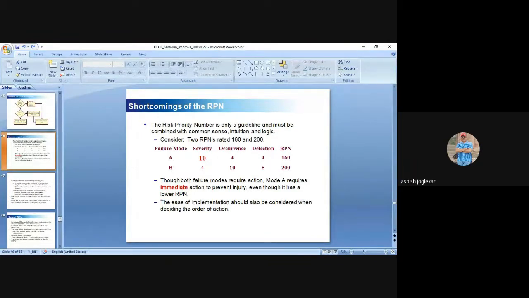Because if the severity is too high, then a single failure is going to cause very much loss to the business. So you have to also consider the severity while doing the FMEA calculations. Generally, when we do the FMEA, we have got 25 causes. We add the failure mode, severity, occurrence, detection, and the RPN number.